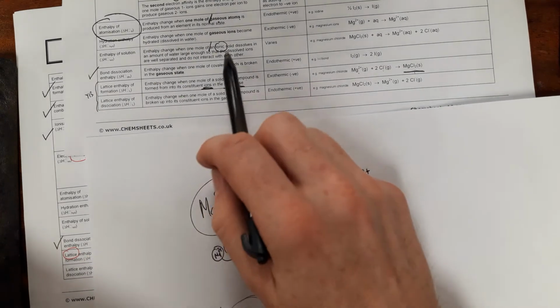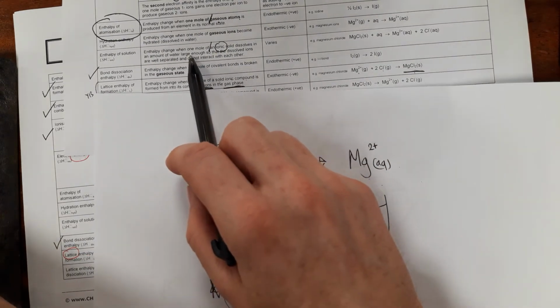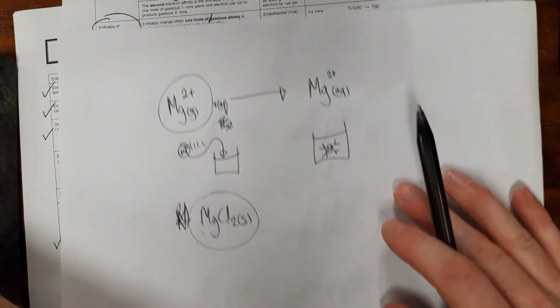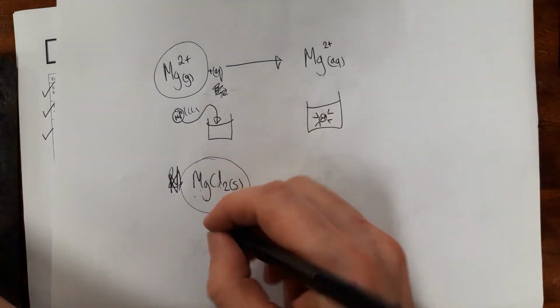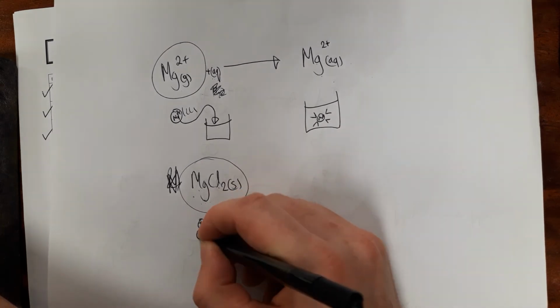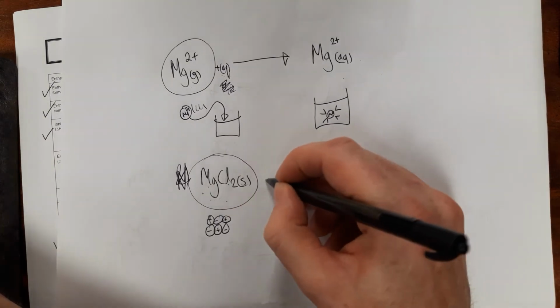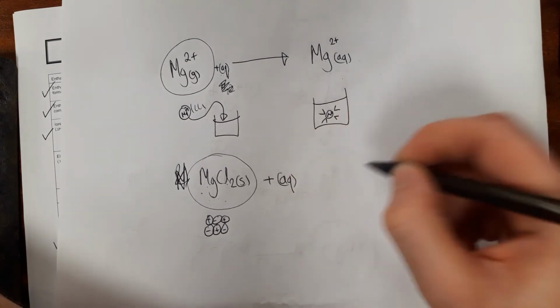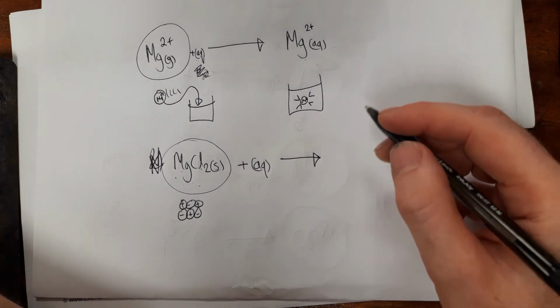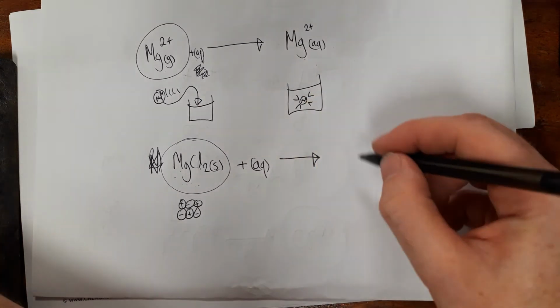Then it says dissolves in an amount of water large enough so that the dissolved ions are well separated and do not interact. Now that's important. What it means is you're taking an ionic solid, which looks like this, plus minus, in a lattice. You're dissolving it in water, so we write plus aq, and then it becomes the hydrated ions. So it's similar to the one above.